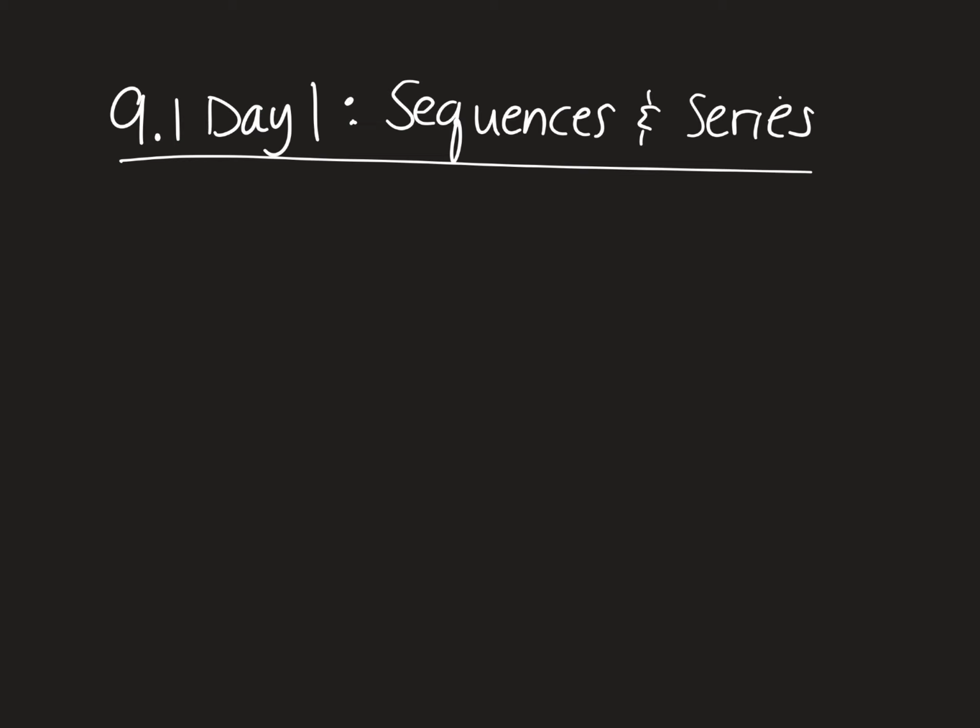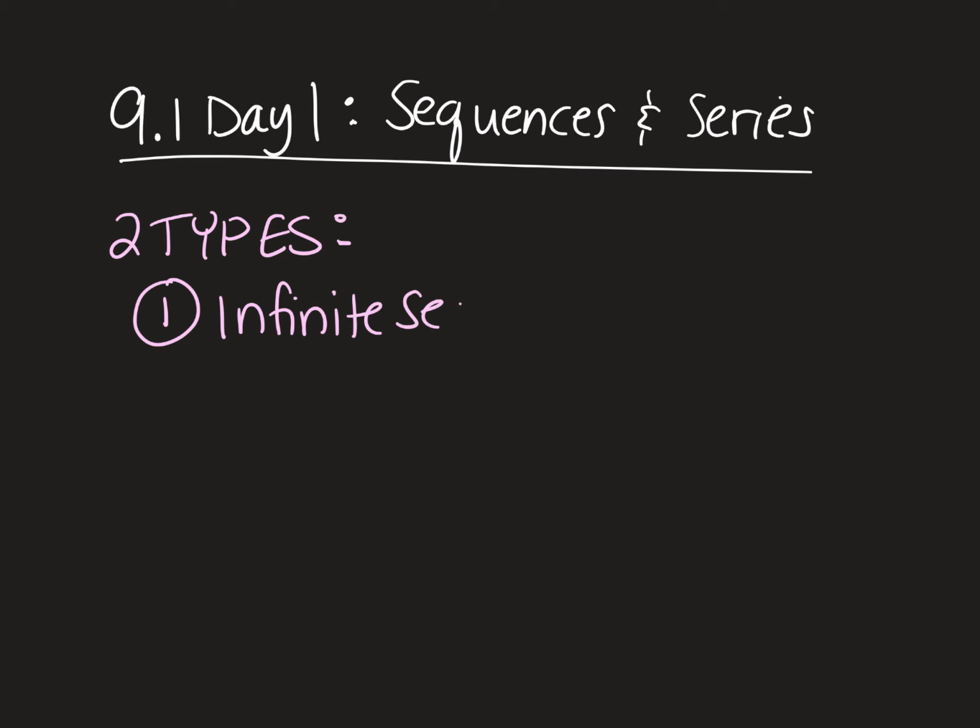So there's two types of sequences. All right, so the first type is what we call an infinite sequence. So let's define what an infinite sequence is. So this is a function.